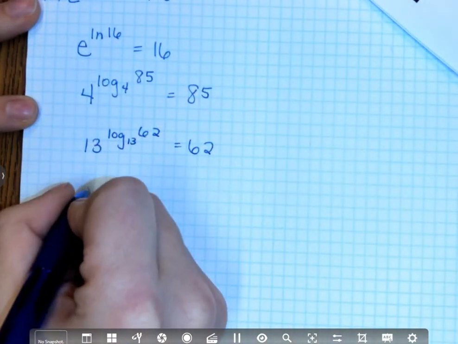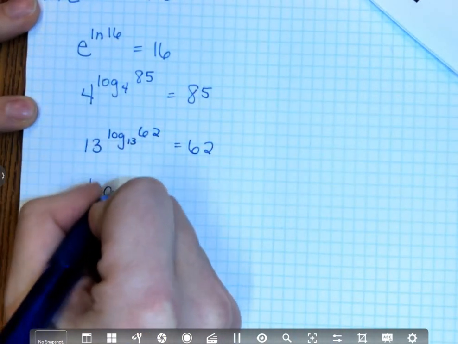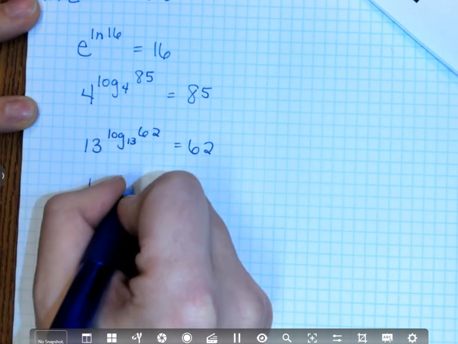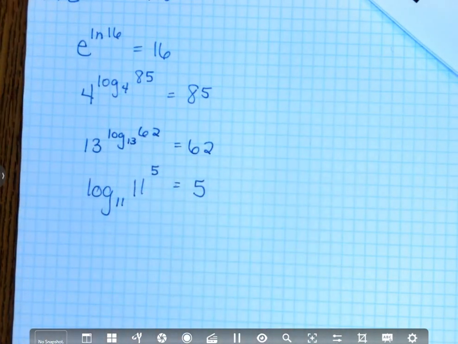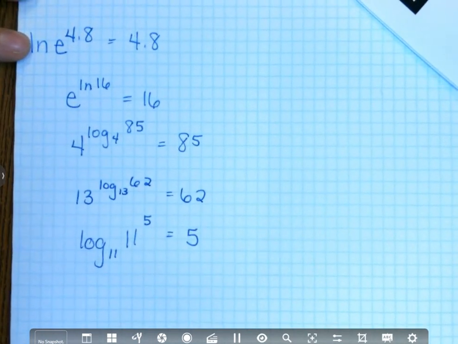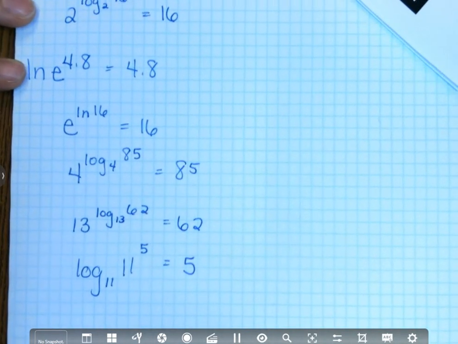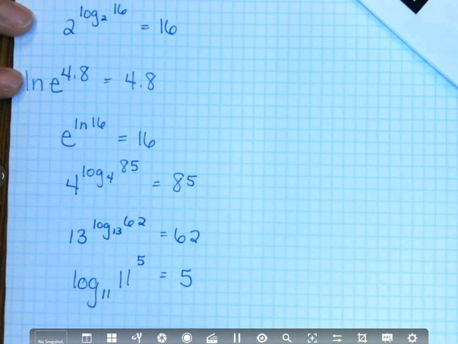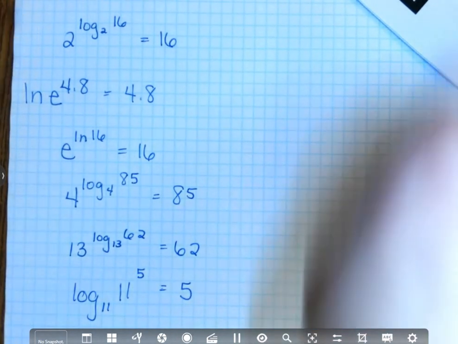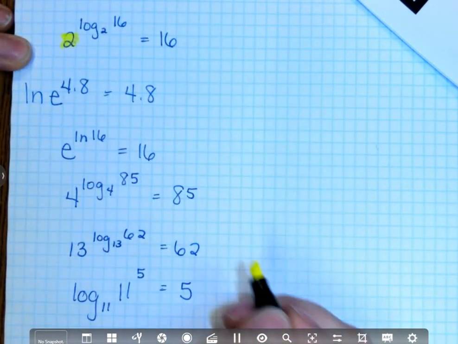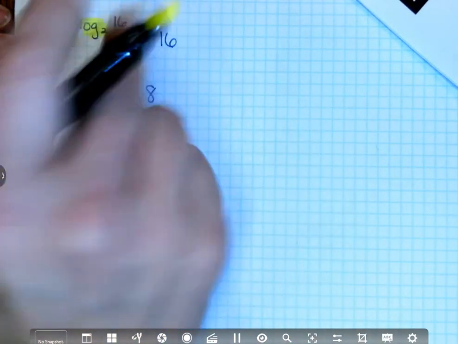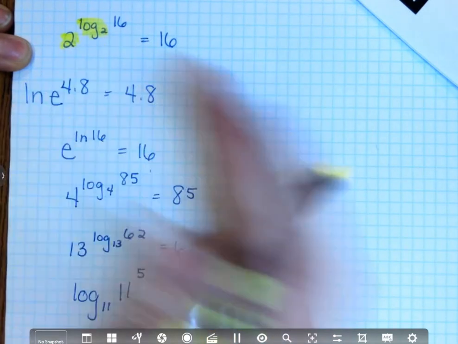Are you starting to see something? Do you see what I'm talking about here? Sometimes it's easier if I point out a whole bunch of examples, but what I want you to see with all of this: the bottom log with that matching base.